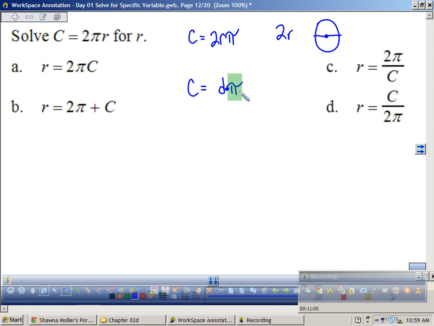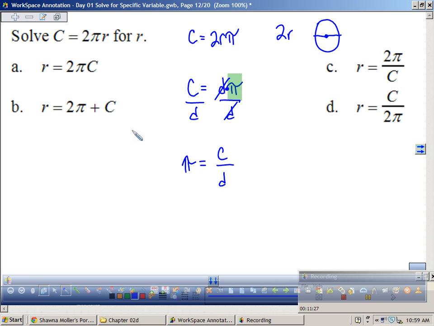Aren't d and r, I mean d and pi being multiplied? So how do I undo multiplication? So pi equals the circumference divided by the diameter. No matter what circumference you have, if you divide it by the diameter, you're always going to get 3.14.